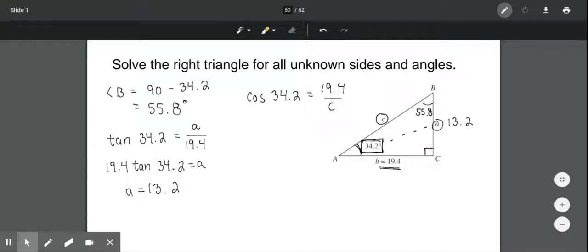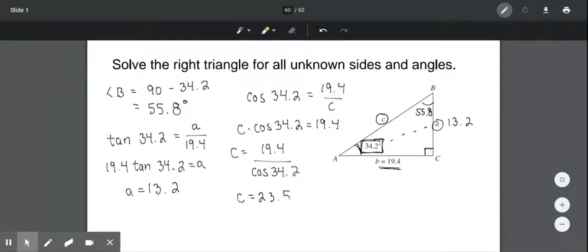So let's get the C out of the denominator. We would say C times the cosine of 34.2 equals 19.4, or C equals 19.4 divided by the cosine of 34.2. And so we end up with C equals 23.5.